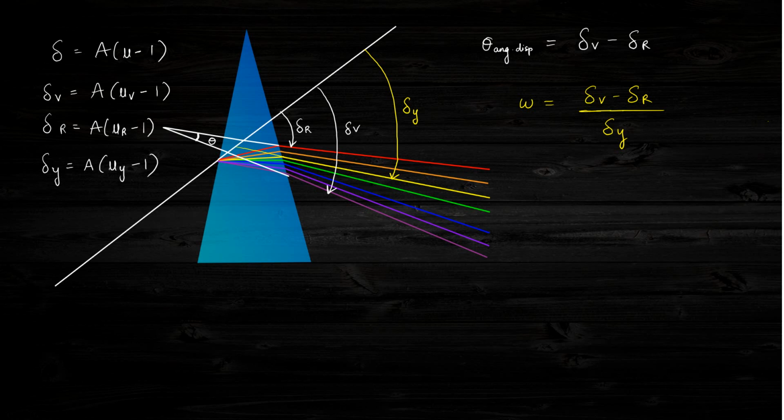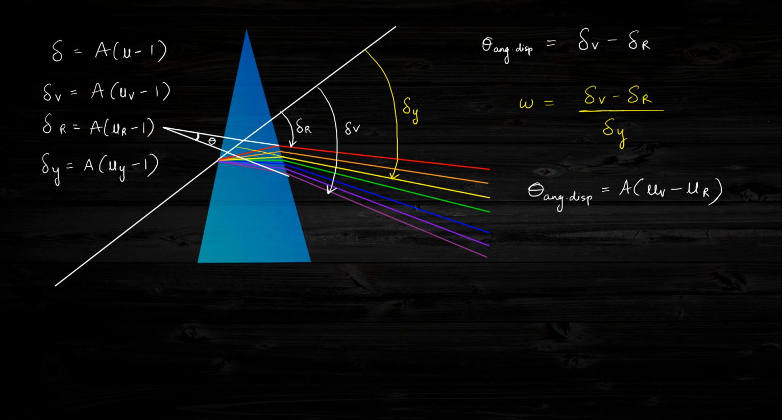So, understanding all these quantities, for thin prisms, the angular dispersion theta will be given as delta violet minus delta red, that is A into mu violet minus mu red, mu being the refractive index of violet and red light respectively.